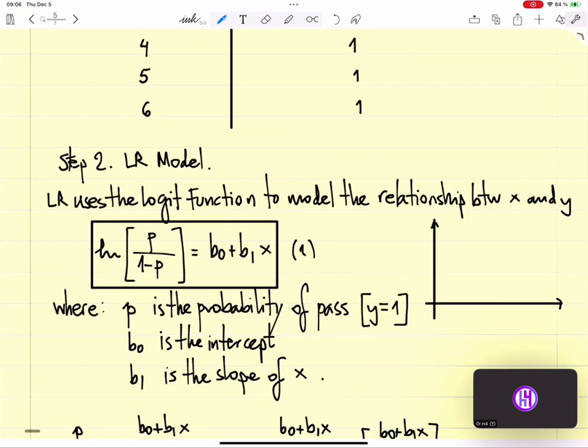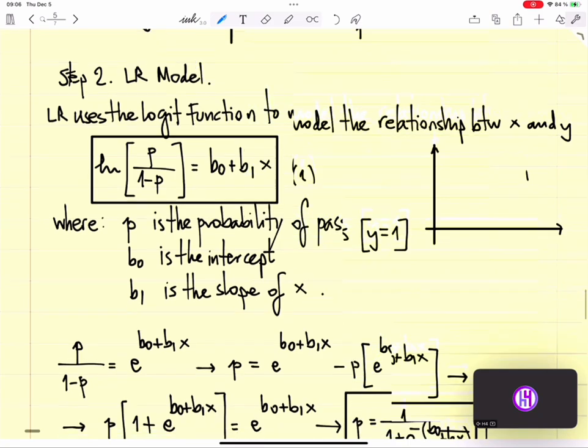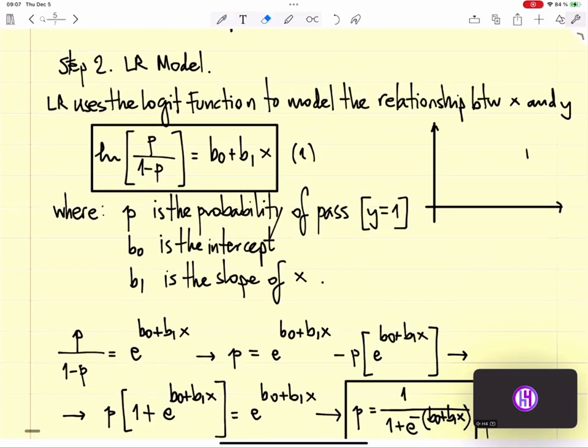Let's say if you have a value of p that is 1, this is p, this is x. If you have a value of p that is 1, then this part is 1 divided by 0, right? So x is going to be infinite, because the logarithm of 1 divided by 0 is infinite.